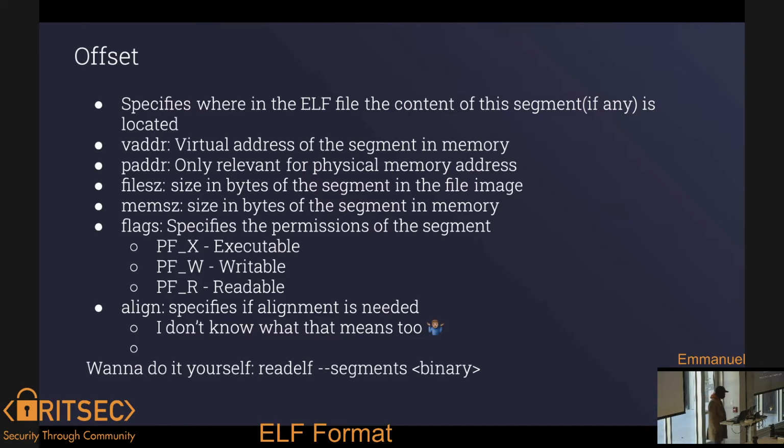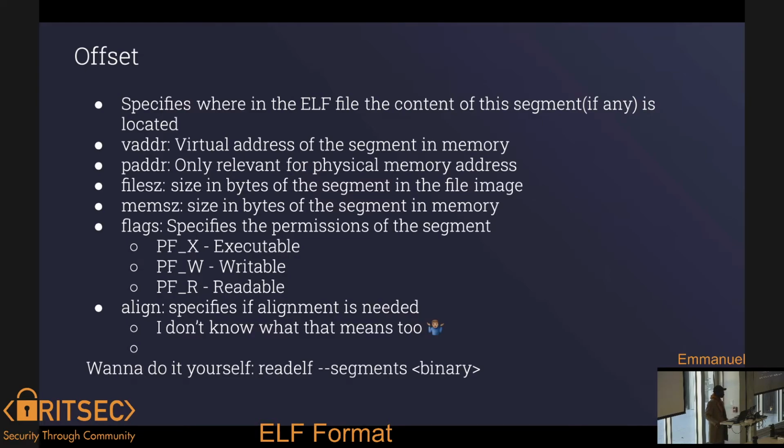The flags, this is a really important part. This is where we can specify what kind of permissions you have in that segment. You can have a segment that is executable, or writable, or readable. And you can mix these together. You can have executable and readable, or you can have writable and executable, which is always the dangerous combination.